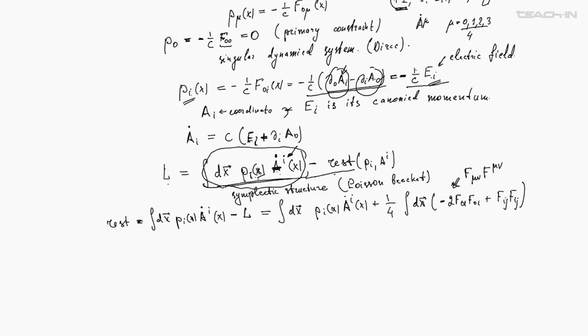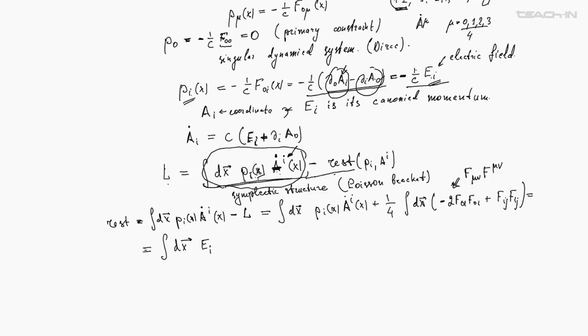Okay, so we continue a bit. And we see that this is integral dx. Now I substitute for ai dot. I know that this is essentially ei. And then this c will be cancelled.